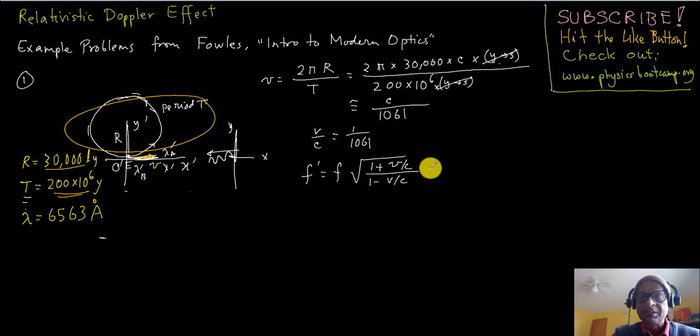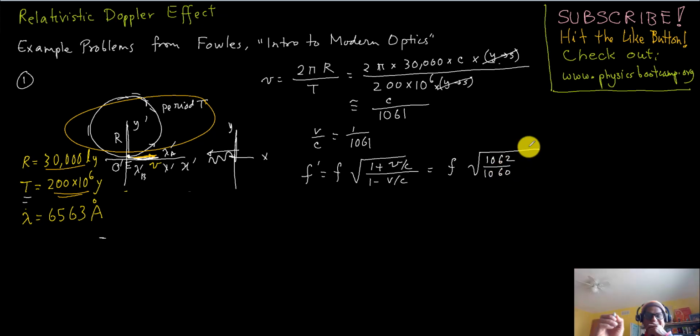And you can see that this is whatever the frequency is, times the square root of that, which is very close to 1 but not 1, because the frequency is very large.